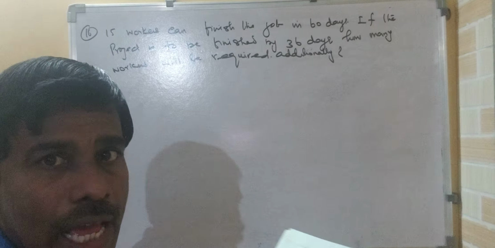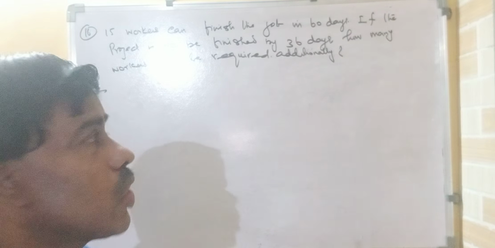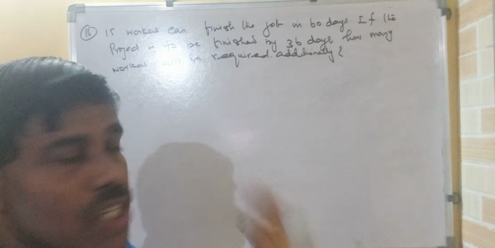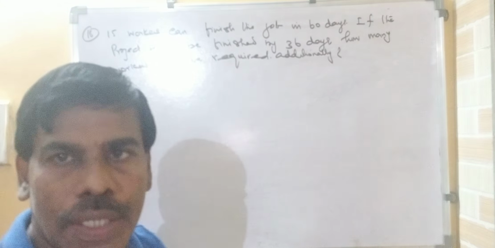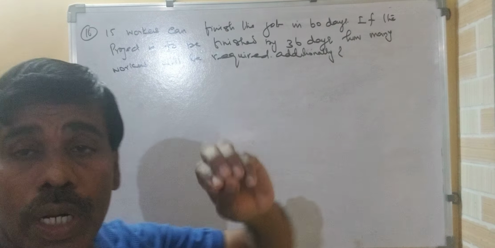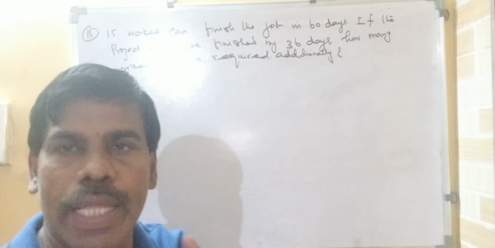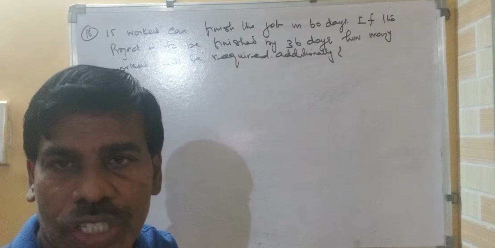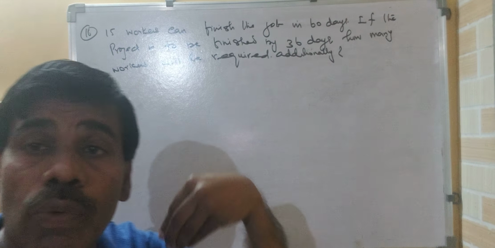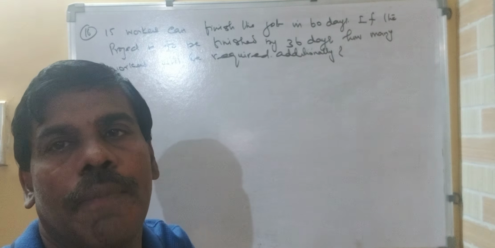Now listen very carefully. 15 workers are there. If the work is given to them, they can complete it in 60 days. Right? See, one job is there. 15 workers are given to you. They say that they can complete it in 60 days. Now, you want to finish the work in 36 days only.